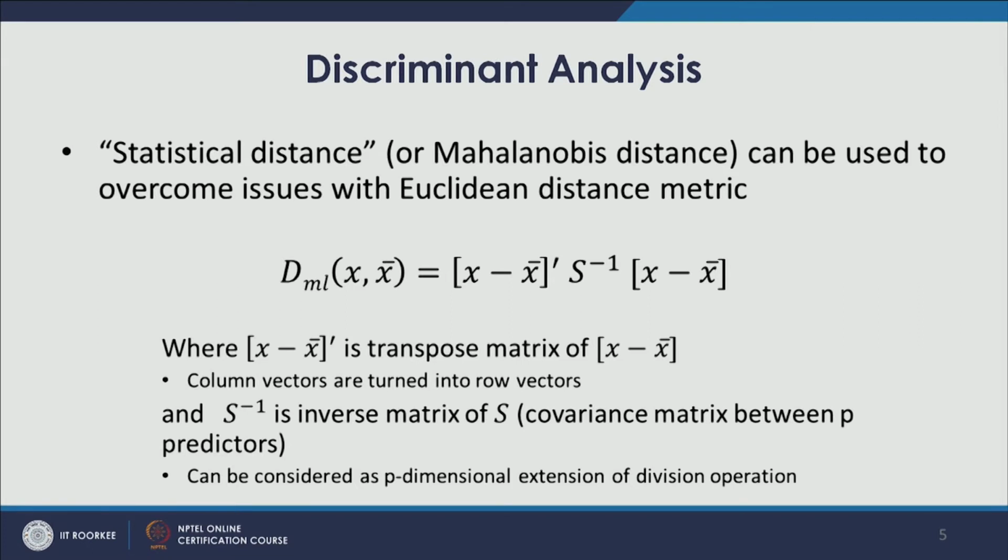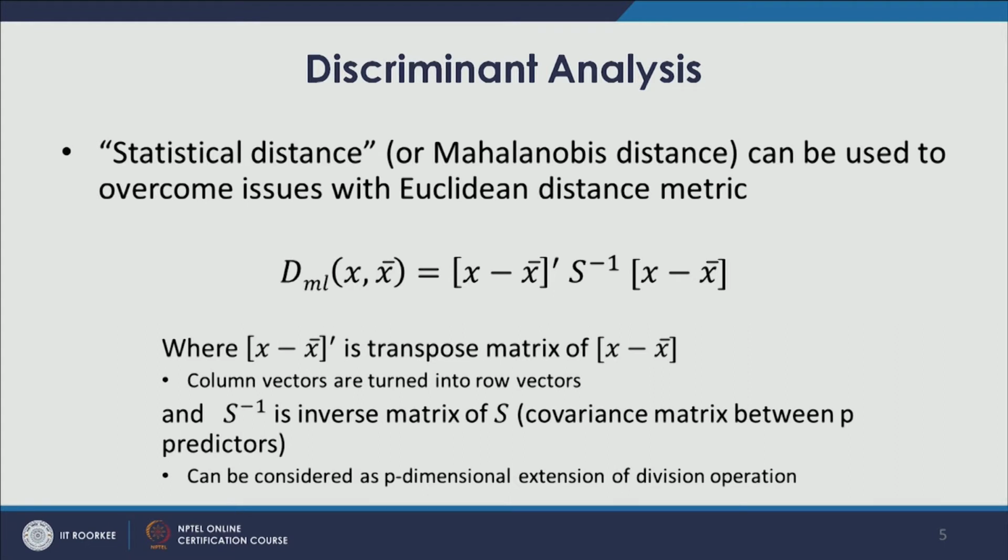Essentially the column vectors are turned into row vectors, and then we have S inverse. This is the inverse matrix of S, where S is the covariance matrix between the p predictors. So you see in the definition itself, the covariance matrix is part of the statistical distance calculation.